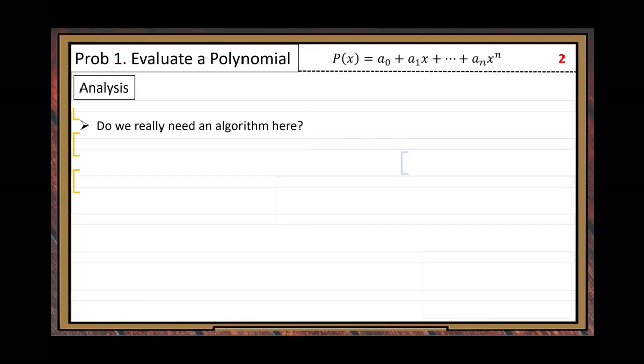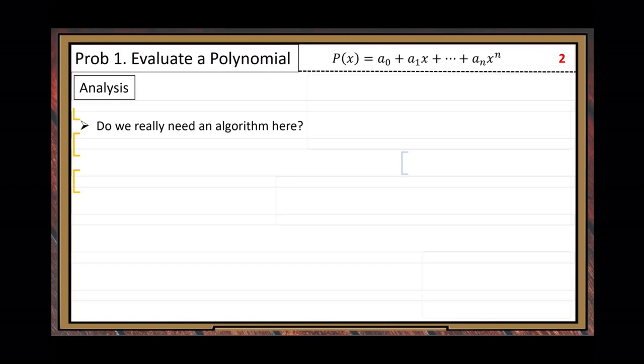Do we really need an algorithm here? Yes. Although the first one is very simple, people may not treat it as an algorithm. Actually, any sequence of steps, if you do the computation following a sequence of certain steps, can be treated as an algorithm.